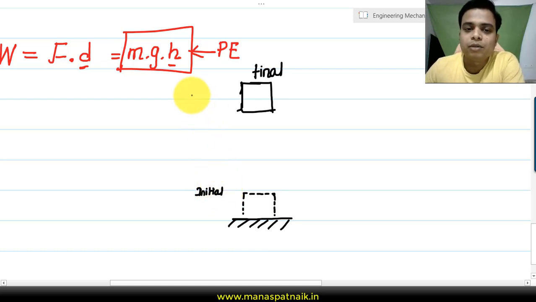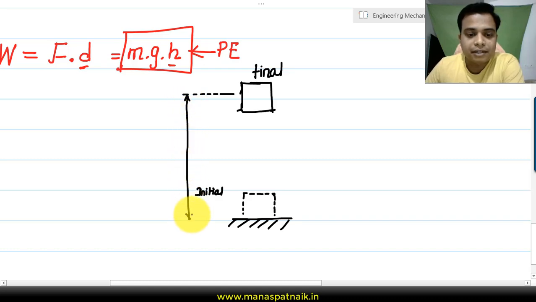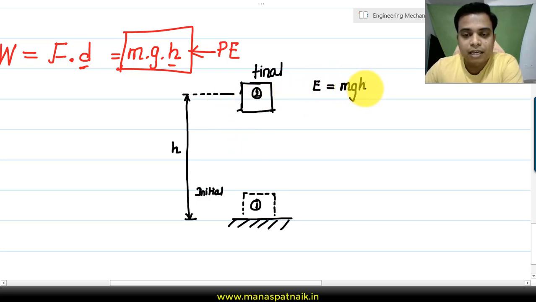Now if I were to ask you the amount of energy required to transfer this block from the initial position to the final position: if this is the height h, then the amount of energy required will be equal to mgh, and this energy is nothing but the potential energy, right?